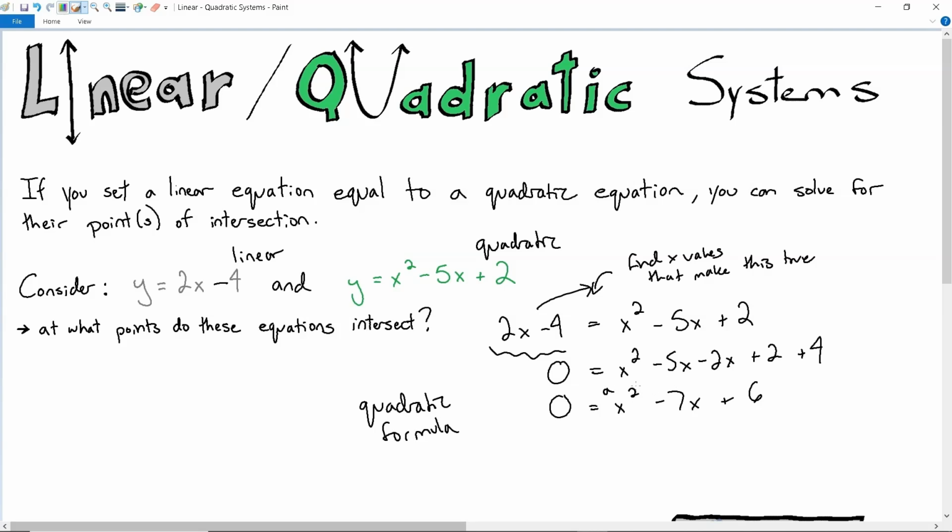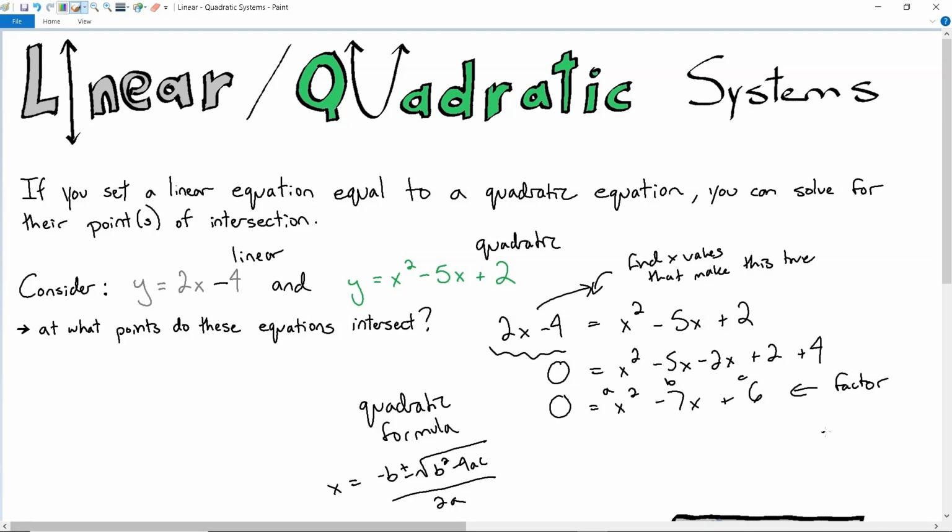Because we do have an a term, a b term, and a c term to plug in. So if you wanted to, you could just use this equation to solve for the necessary x values. But I'm pretty sure we can factor this quadratic or this trinomial. So let's give that a shot.